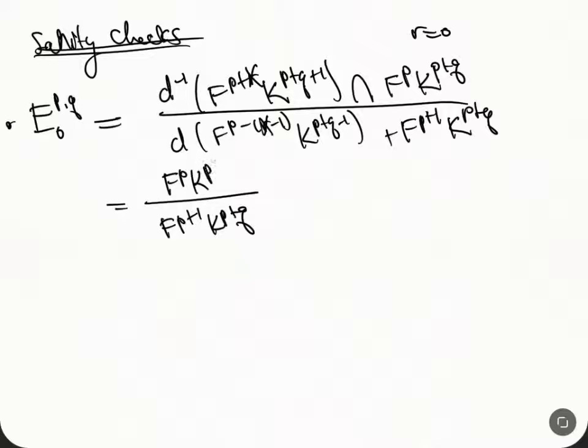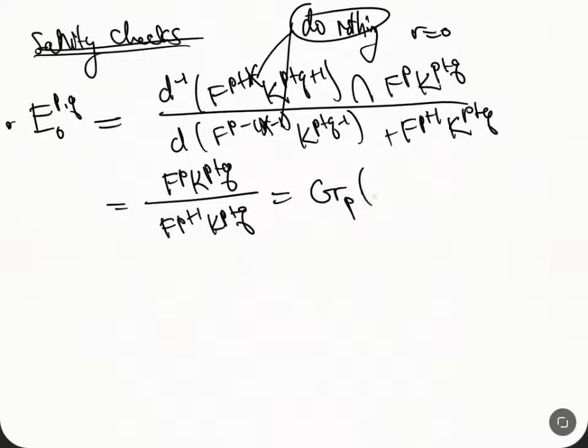This is K P plus Q. So they both do nothing. Losers, as Donald Trump would say. So we can just see that this is the pth graded piece of K P plus Q. Okay, this is nice.